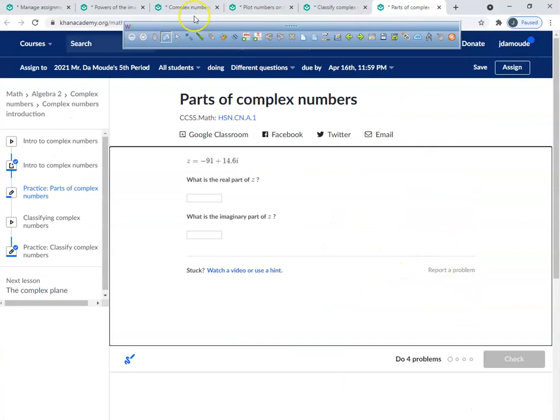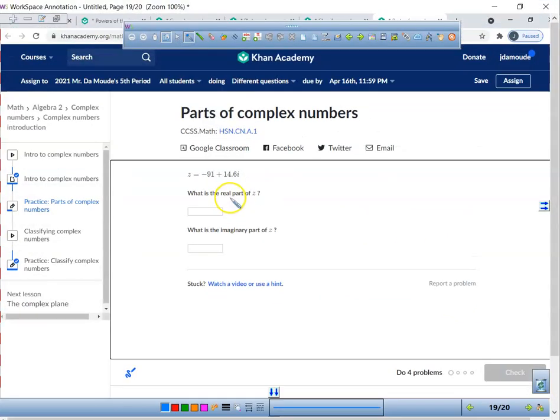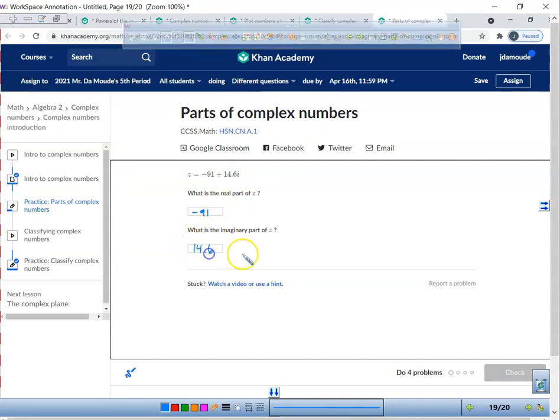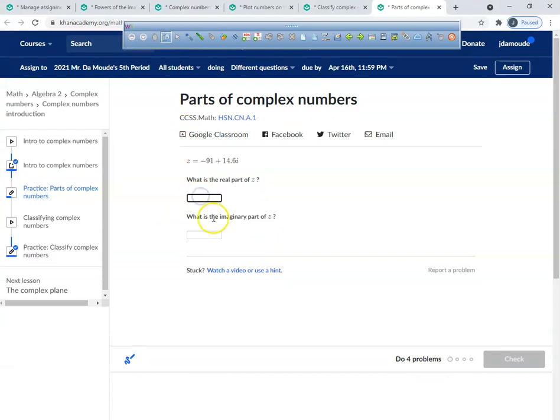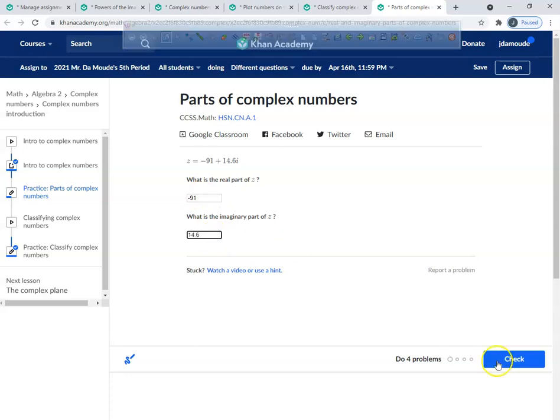Now on this one, it says, what is the real part? The real part is -91. What's the imaginary part? 14.6. So what do you type in? The real part is -91. And what's the imaginary part? 14.6.